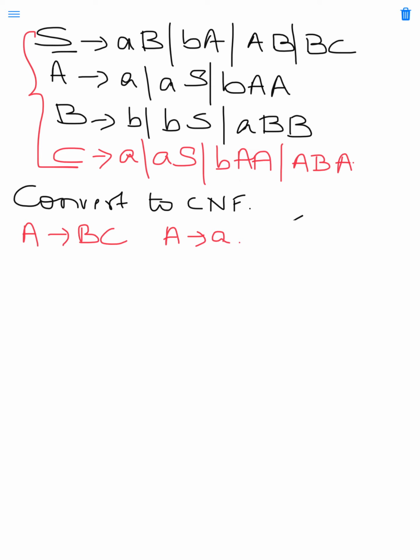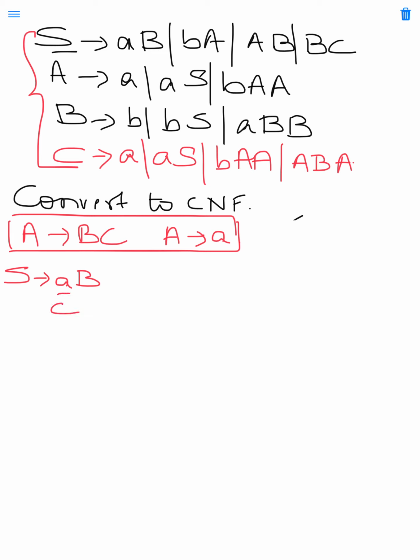So here considering the production of S gives aB. If you take the right hand side, it is having a terminal, isn't it? So what you have to do, replace that a with CA. So it can be written as S gives CAB, and CA will be giving a.